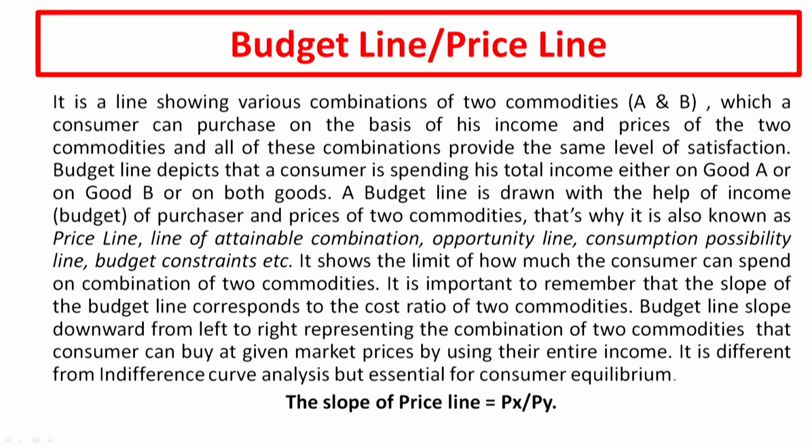So, this price line is basically the combination of two commodities which a consumer can purchase on the basis of his income and the prices of the two commodities, so as to maintain the same level of satisfaction. This price line is also known as line of attainable combination, opportunity line, consumption possibility line, budget constraint, etc.